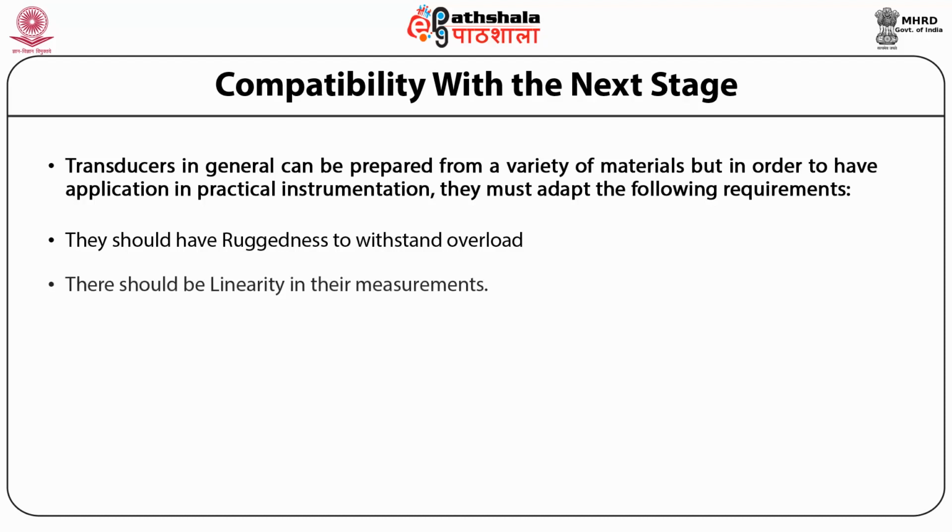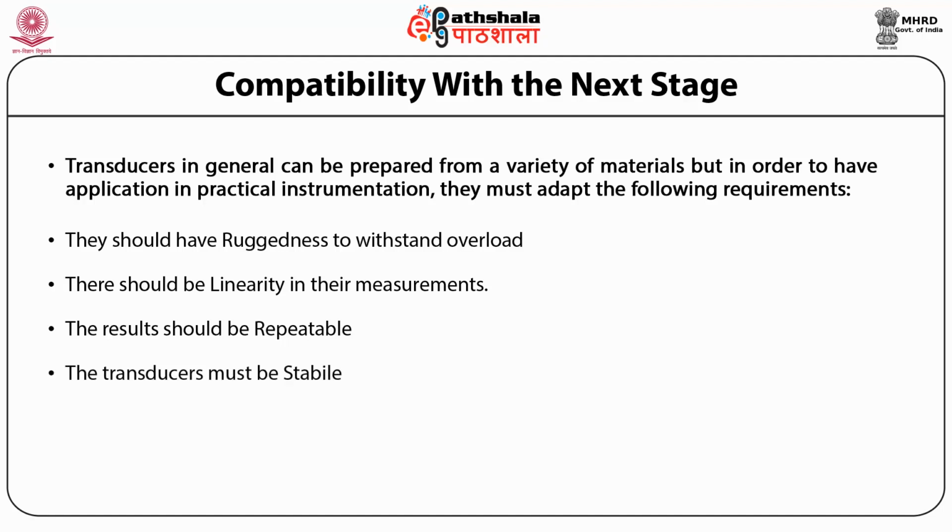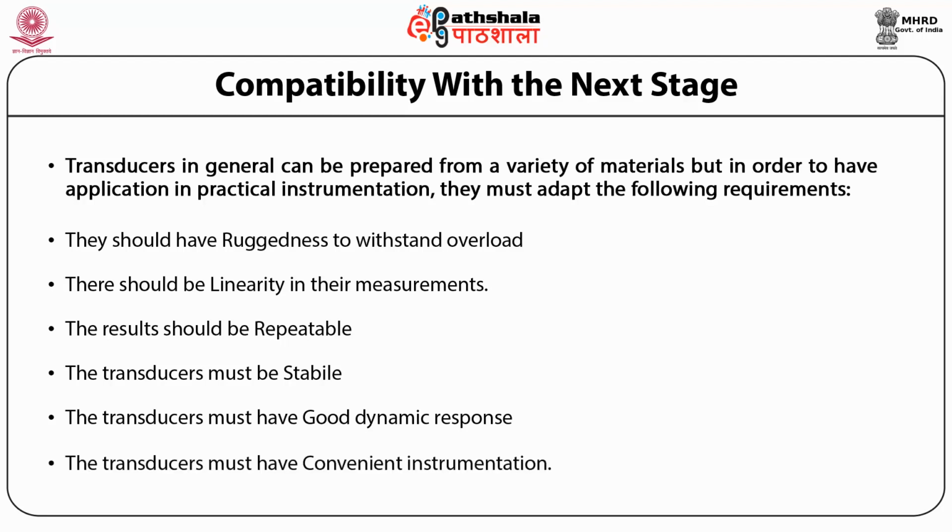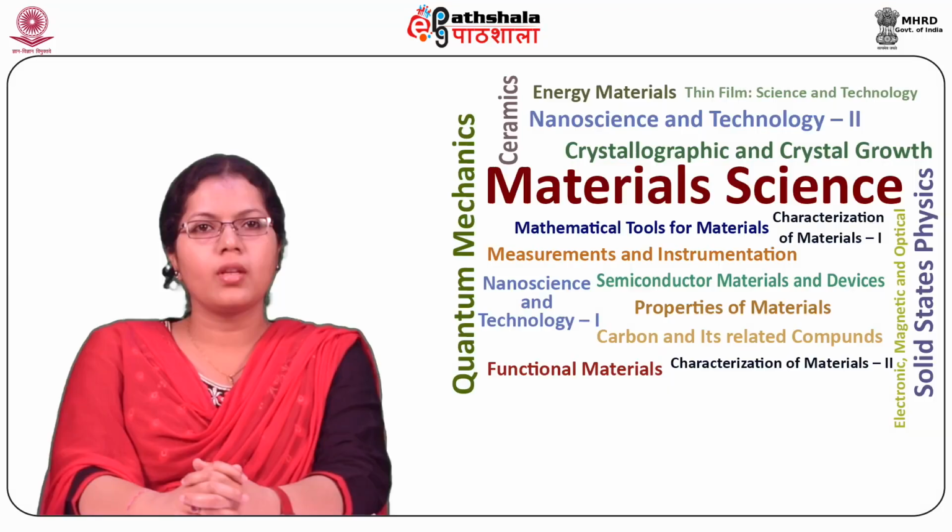Second, there should be linearity in their measurements. Third, the results should be repeatable. Fourth, the transducers must be stable. Fifth, the transducers must have good dynamic response. Sixth, the transducers must have convenient instrumentation.